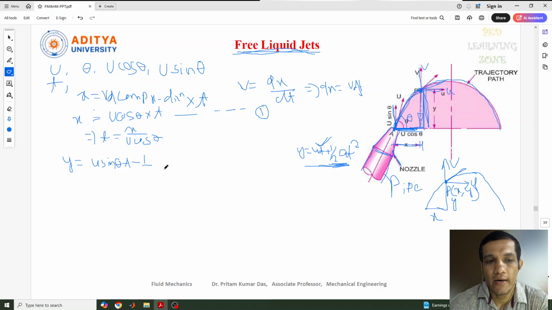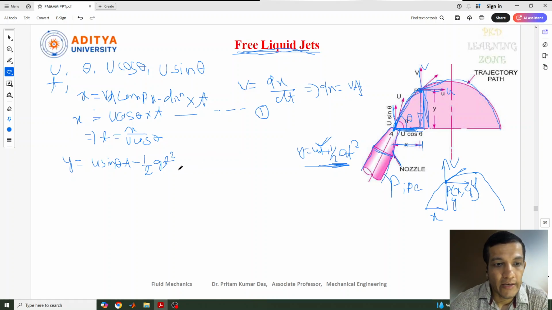If it goes upward, we take the positive direction, but due to the impact of gravity I'm writing the negative term. So that is half, and acceleration due to gravity, so I can write half g t square. This is the equation for the vertical component.